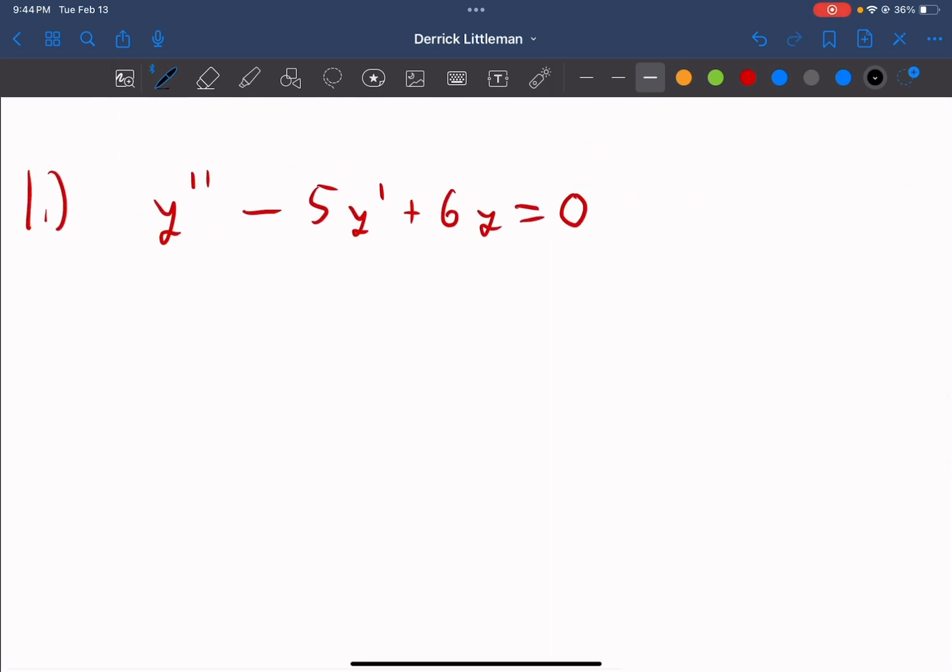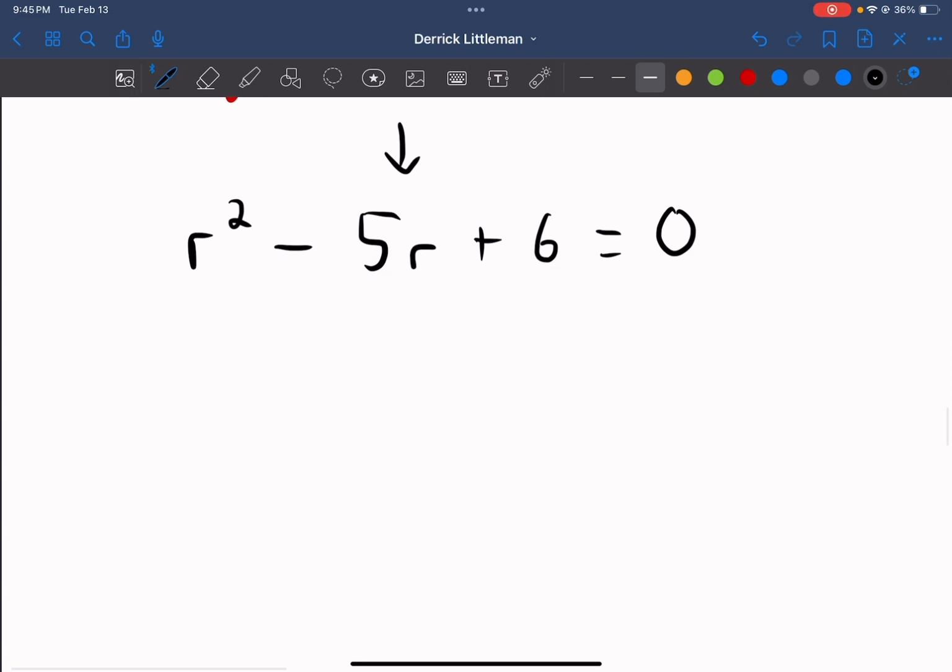Okay, so here let us write down the characteristic equation for this differential equation. This will come out to r squared minus 5r plus 6 is equal to 0.